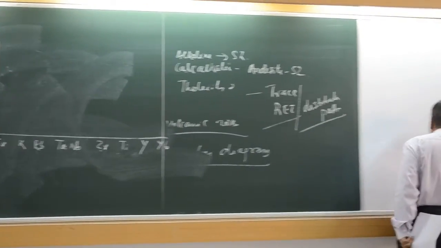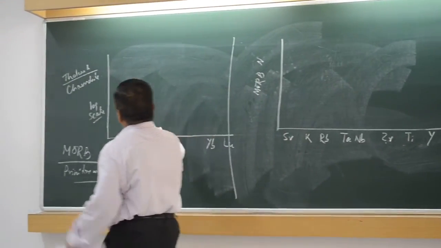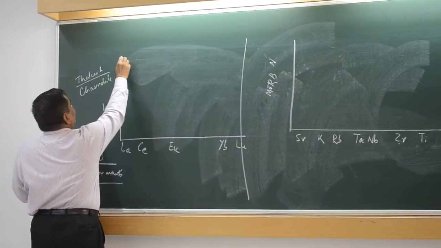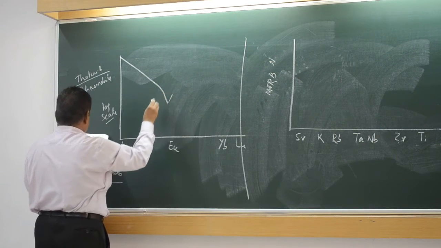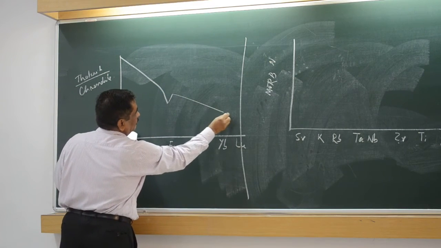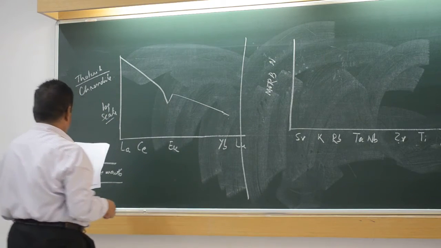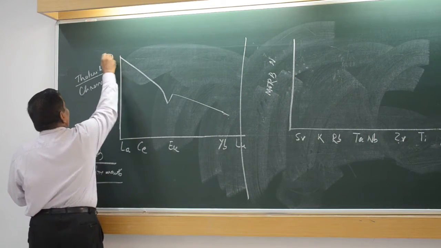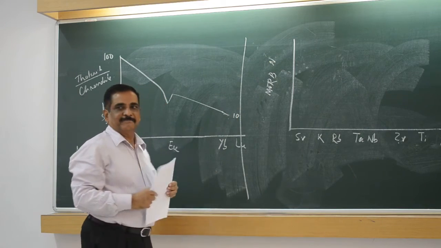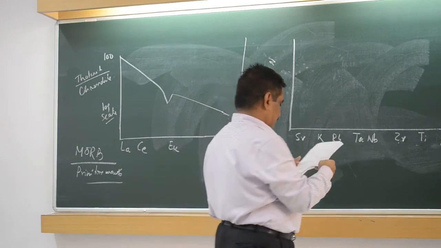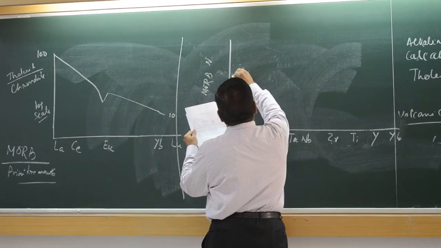Now, draw this side. This side will be somewhere around 100. This side will be somewhere around 10. Understood? Here, you draw the diagram like this.